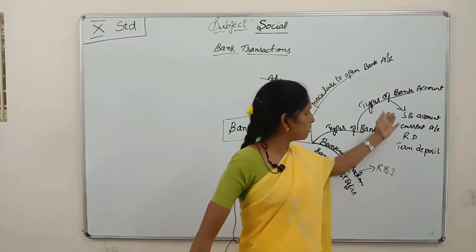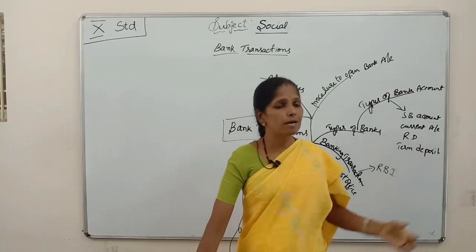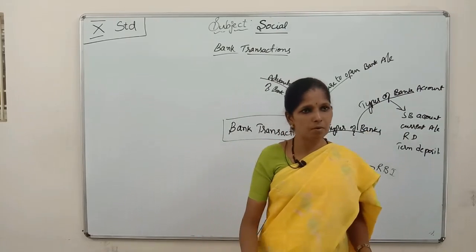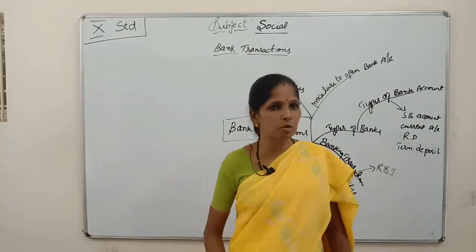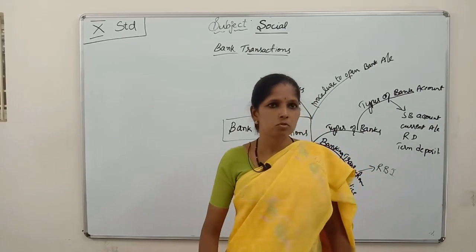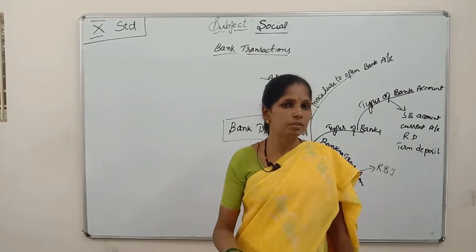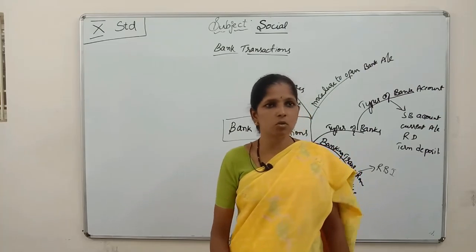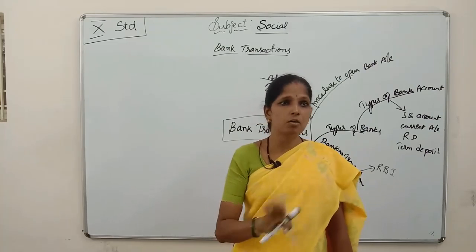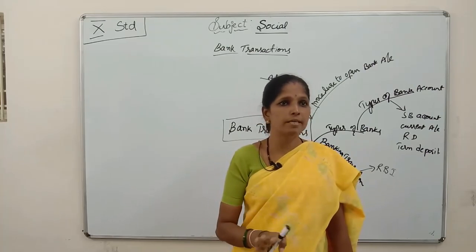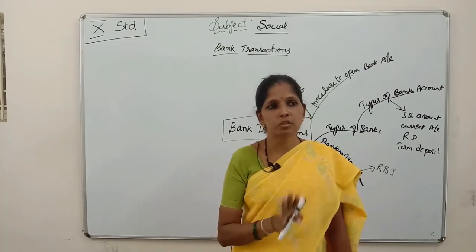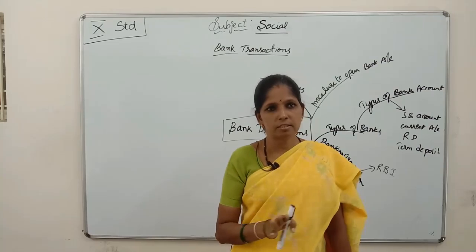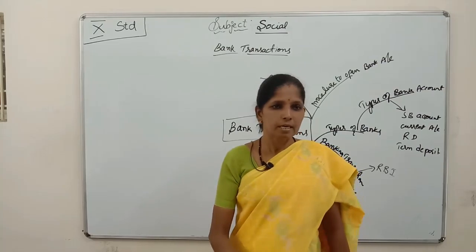As you can see in an SBI account, when you deposit some amount and don't draw that amount for some time, it will get extra interest in your account. Whereas in the current account, the government or the bank will not provide extra interest for the money kept in the current account.